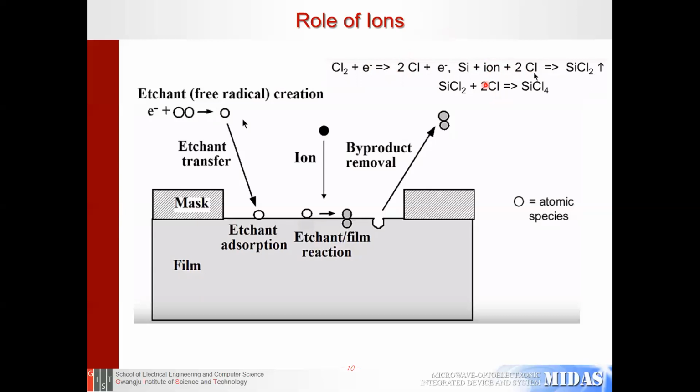We can either have dichloride or trichloride come off. If you have the dichloride case, then it can react in the gas phase and give us the more stable form of silicon, which is silicon tetrafluoride.